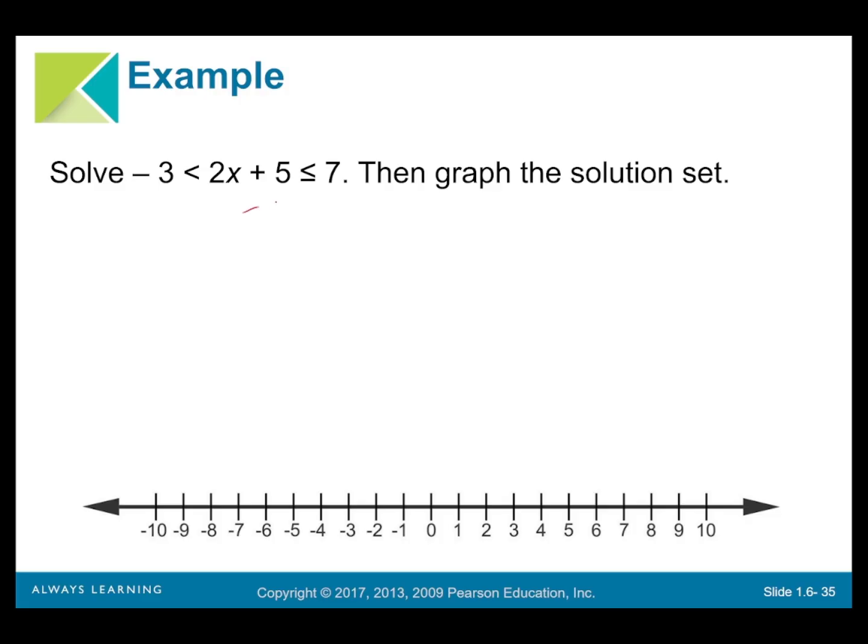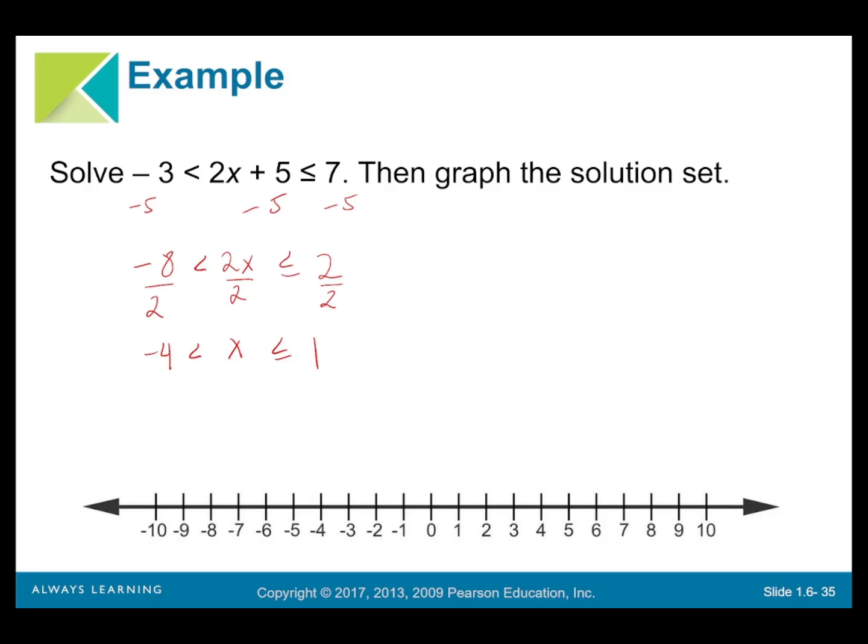Starting off, if I want to subtract 5 from the middle to get the 2x alone, I'm going to subtract 5 from the right and subtract 5 from the left. And I get -8 less than 2x less than or equal to 2. Similarly, if I divide by 2 now, I'm going to do that to the right and to the left, and I get -4 is less than x less than or equal to 1.